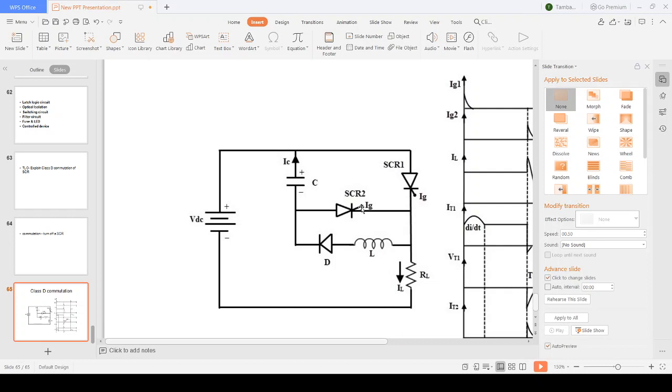Now the SCR2 gets turned on in order to charge the commutating capacitor C. When this SCR2 turns on, it will charge the capacitor C, with polarity plus and minus as shown in the diagram. As capacitor C gets charged, SCR2 will turn off due to lack of current, and it will get commutated naturally.